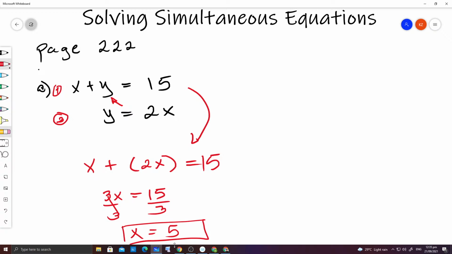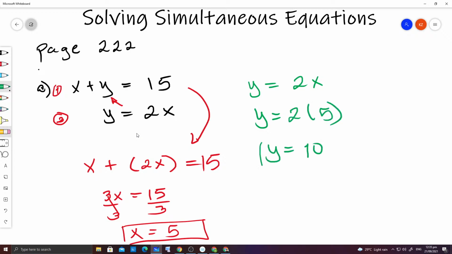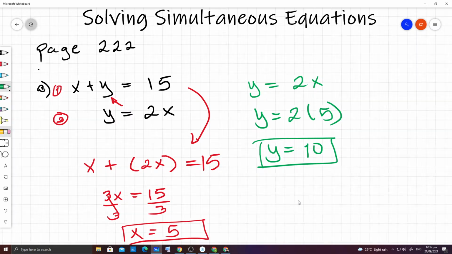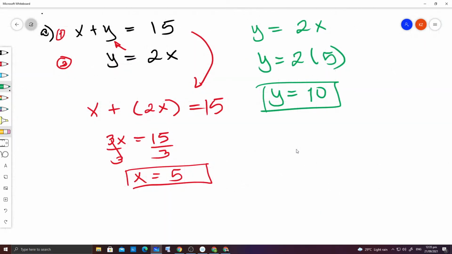So that's the value of x for question letter A. To find the value of y, just substitute your value of x into equation 2. So y equals 2x, y equals 2 times 5, so y is equal to 10. Now to check your answer, let's check.